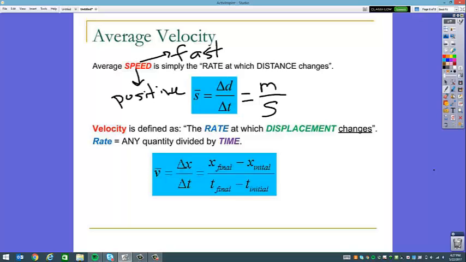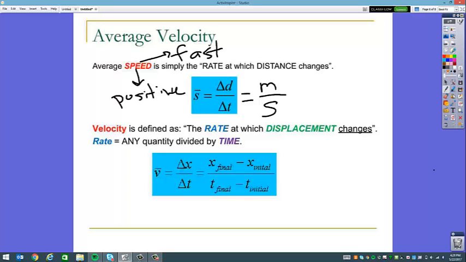Every time. Your velocity, on the other hand, looks at the rate at which your displacement changes. Just for a frame of reference, anytime you see the word rate, that always means something divided by time. If we say the rate at which work is done, or the rate at which your velocity changes, we're telling you that in the denominator of your equation, you're going to have time.